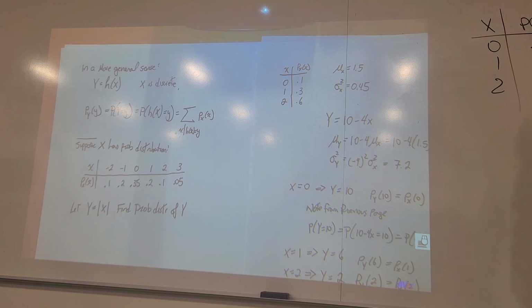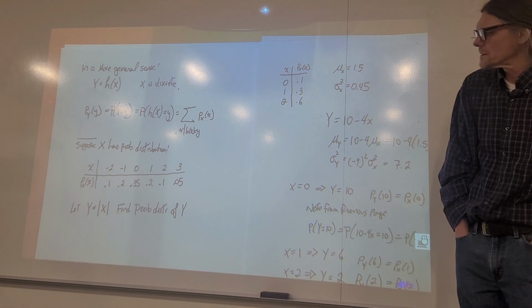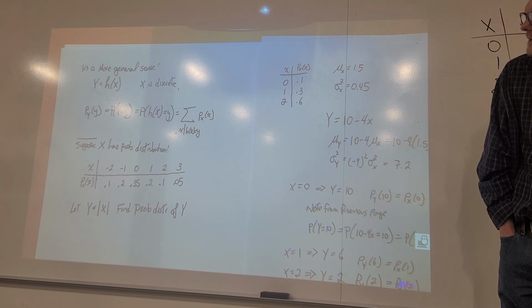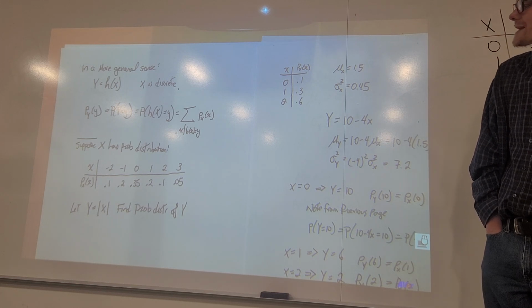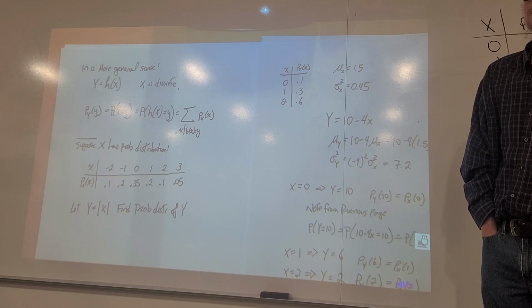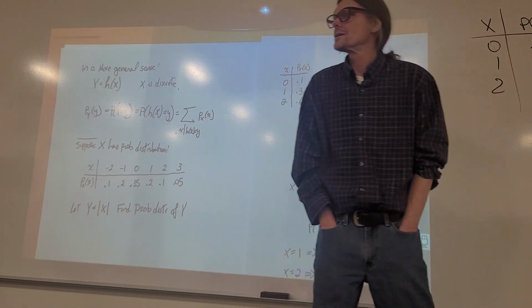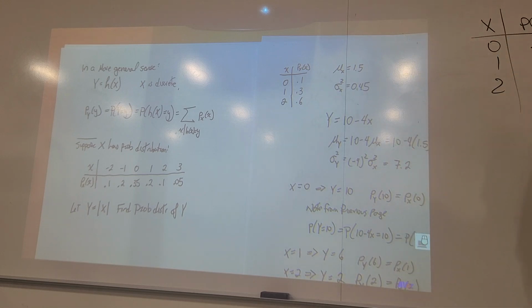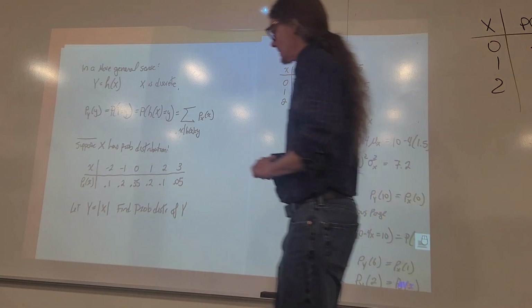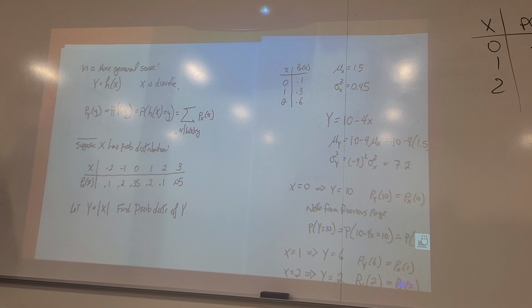How many values can y take on with non-zero probability? All of them? 20? Oh, 6. Y could take on 0, 1, 2, and 3. So why is that?